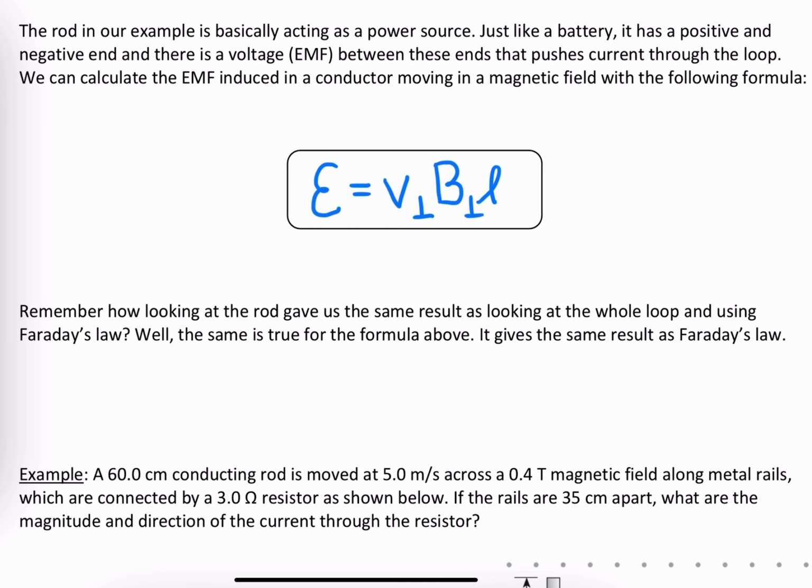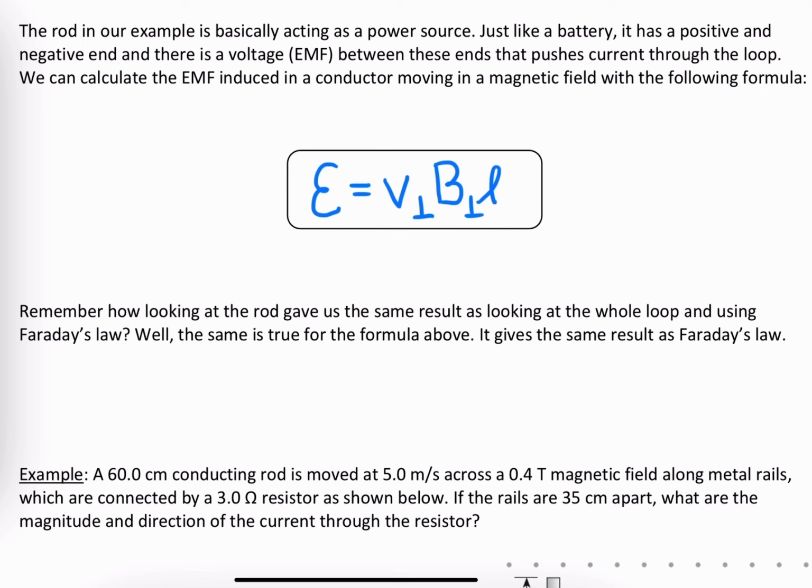These symbols clearly show that V and B should be perpendicular to each other, and B and L should be perpendicular to each other. What they don't really show is that L and V also have to be perpendicular to each other, but that is the case.